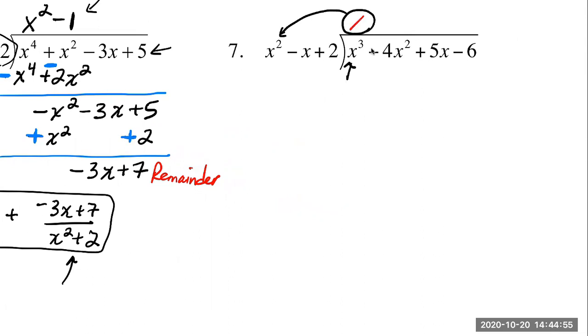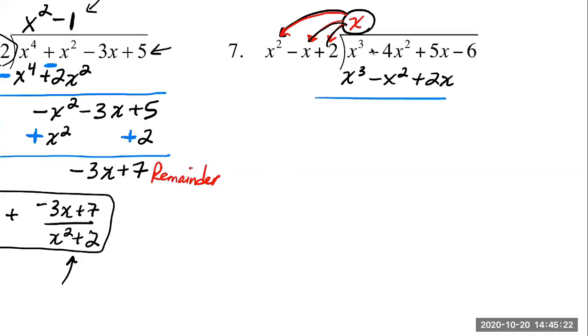So that value would be x. So then if I multiply that, I'm going to multiply it to all three of them. And we would have x times x squared is x cubed. x times negative x is negative x squared. And x times 2 is plus 2x.